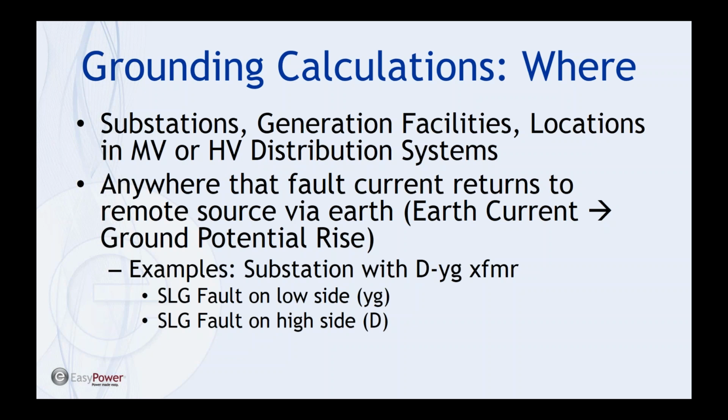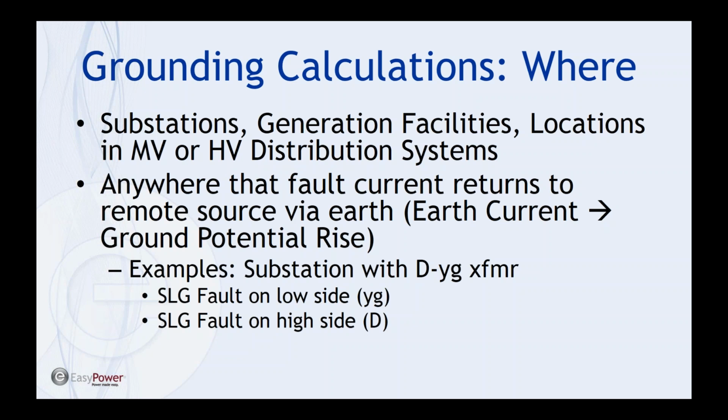If you have a single line to ground fault on the low side of a substation, the low side being a delta to low side Y grounded transformer, that fault is going to exist mostly on the phase conductors and then to the ground and then the grid conductors, and the return, if it's within that same substation, is going to be local to your grid. So most of the fault current is going to return directly on your ground grid conductors and back to the Y ground of the transformer.